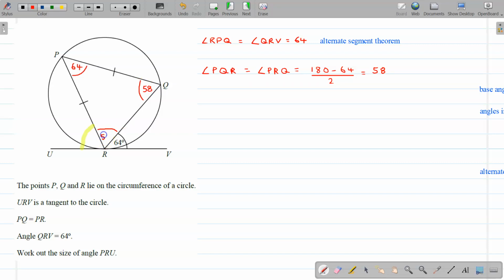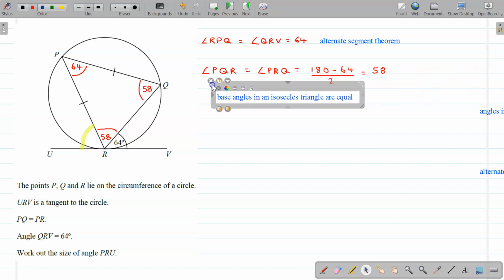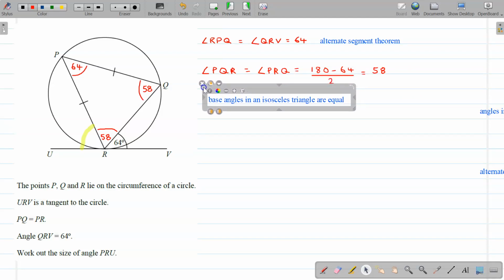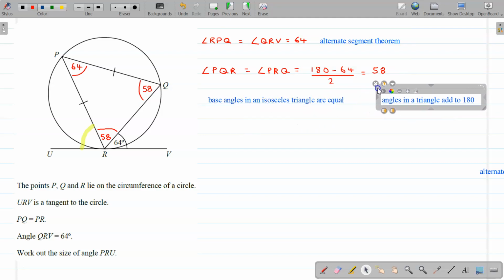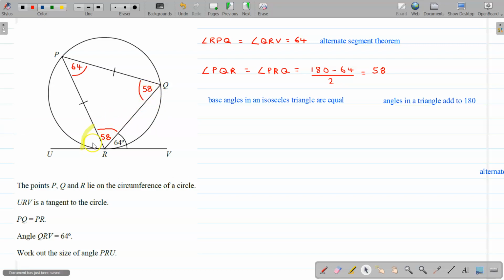For my working out, I should have reasons, and I've used two things really: that the base angles in an isosceles triangle are equal, and that the angles in a triangle add to 180. So both of those two reasons have been used here for that part. Now we come on to the final part, and the easiest way to answer this is just to use the alternate segment theorem again with this one to here.